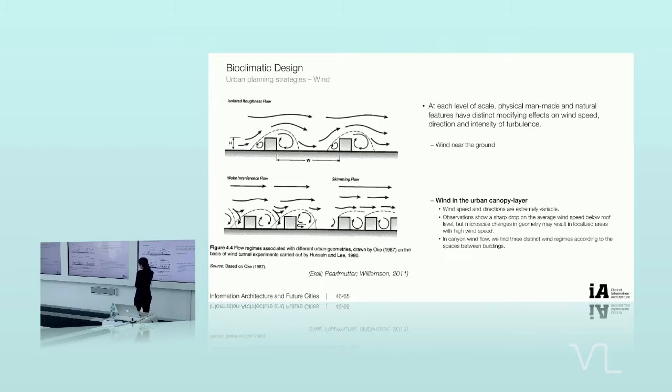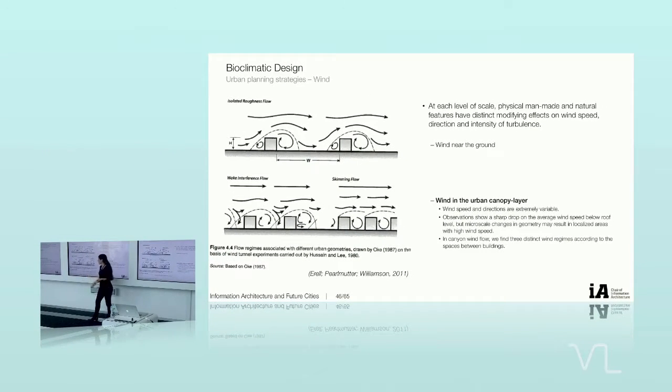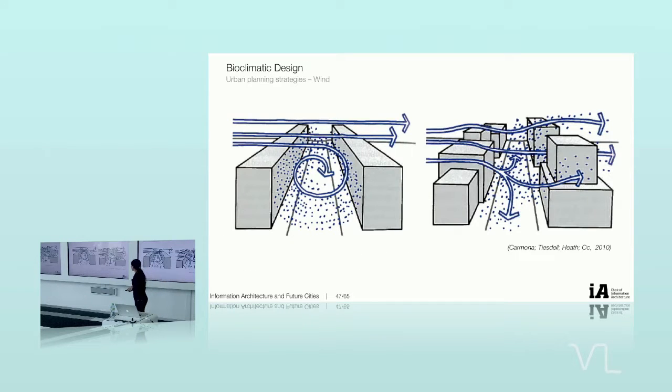And then more into the urban canopy layer, the wind directions extremely vary, also because of the canyons, so they create different patterns after they arrive to the obstacle. So that's quite complicated to study, but we have some ideas of how it can react. So also we have some ideas of how we can design according to the wind.